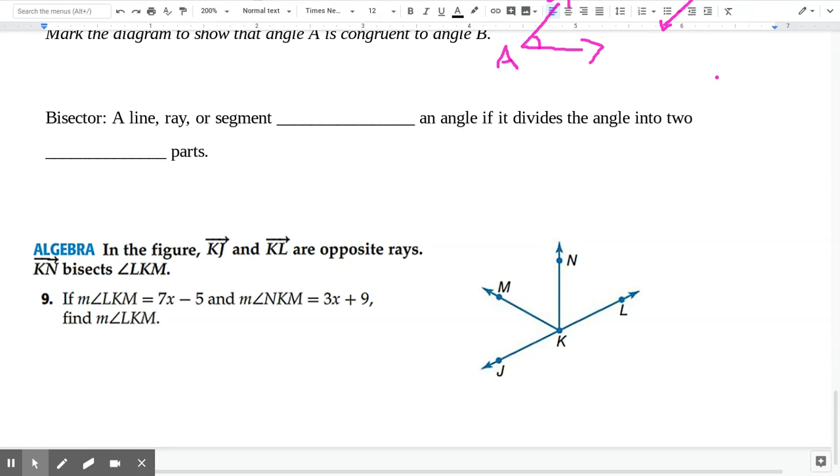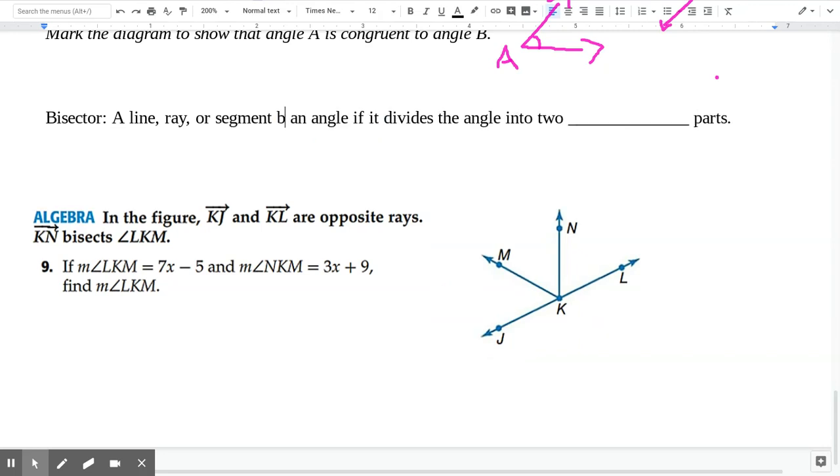Okay, so one more piece of vocabulary here before we move on to our example is a bisector. Bi means two, and sect means to cut. So bisector means to cut into two parts. So what we say is a line, ray, or a segment, so something that is related to a line, bisects an angle if it divides the angle into two congruent parts.